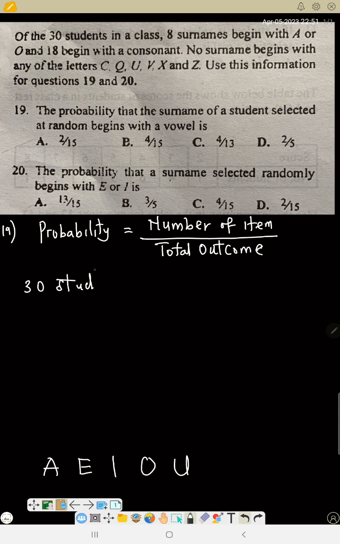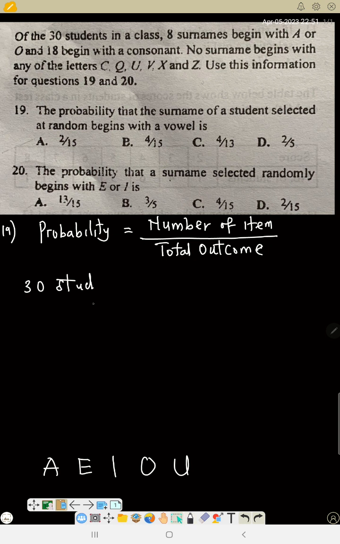Out of the 26 letters of the alphabet, you have vowels and consonants. They told us that out of the 30 students, 18 begin with consonants.